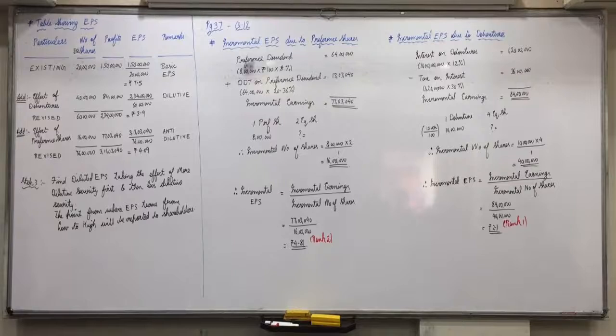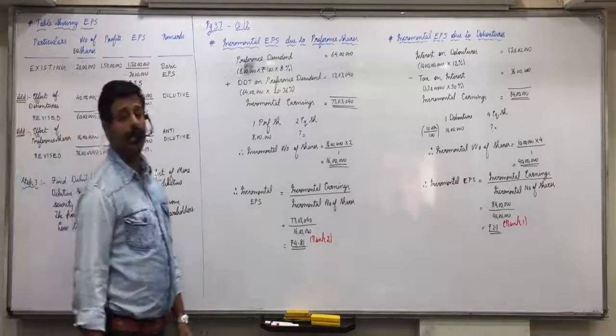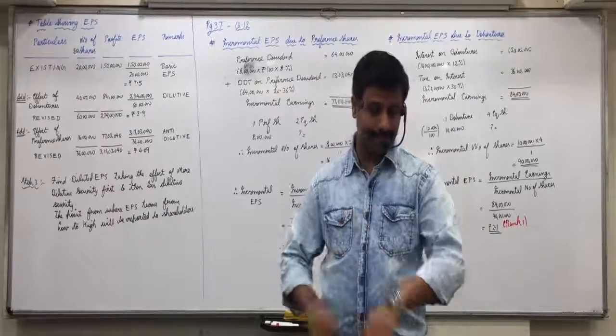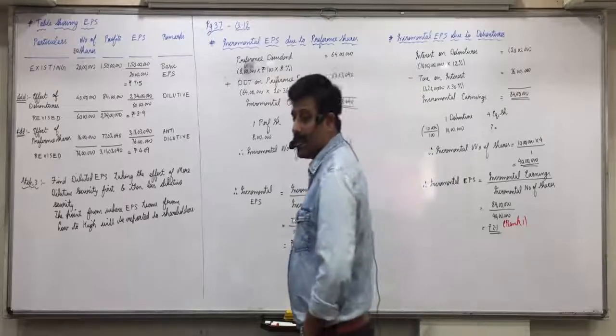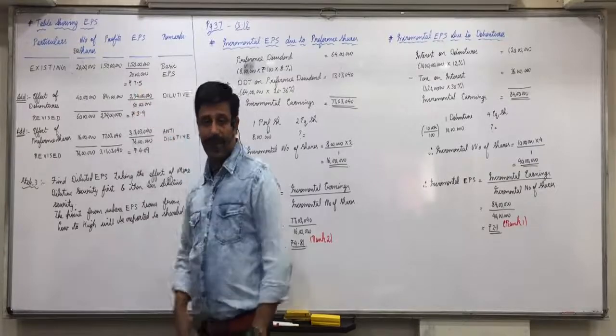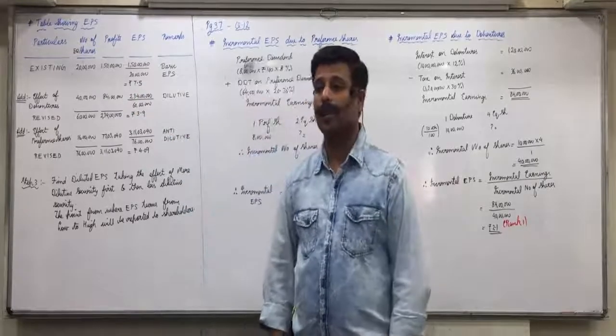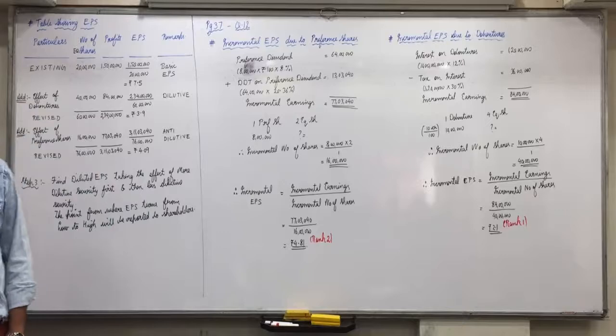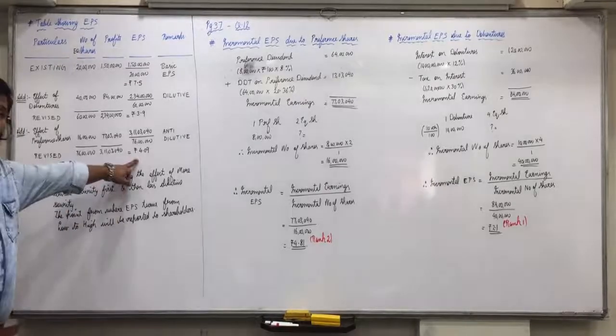Write down below that: thus it can be seen from the above table that EPS decreases from rupees 7.5 to rupees 3.9 and then increases to rupees 4.09.